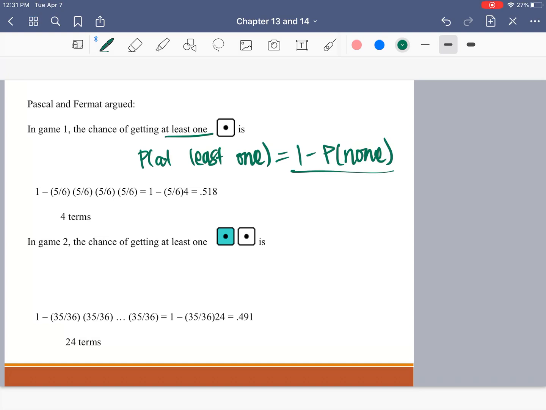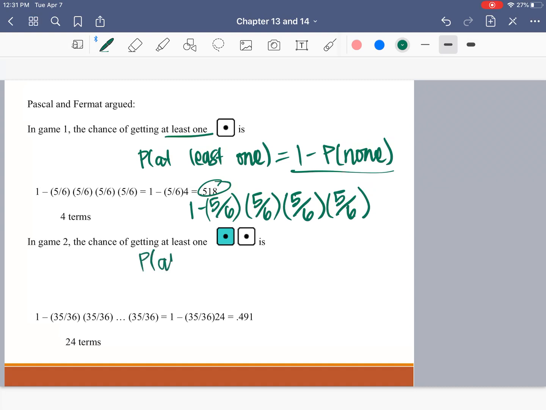So, since you forgot to count all those duplicates, we're going to do it this easy way and do 1 minus no 1 on the first die, no 1 on the second die, no 1 on the third die, and no 1 on the fourth die. That gives us this probability. You have over a 50% chance of it happening.